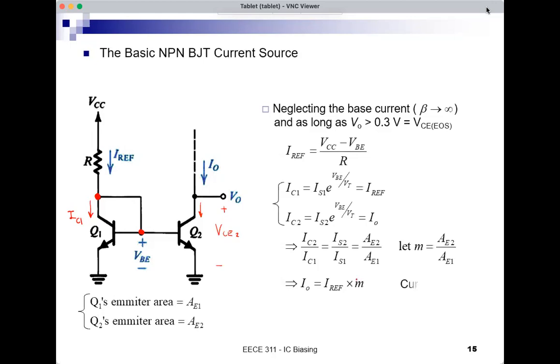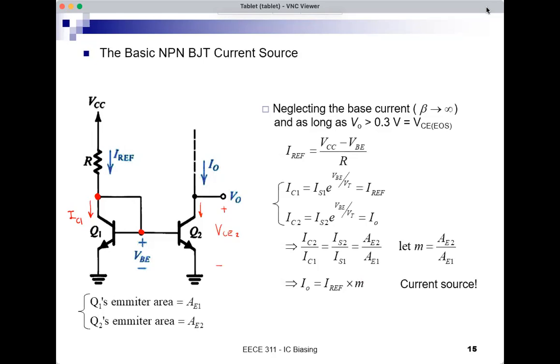So therefore, IO is a constant current, and this is a current source. So that's a similar derivation to the one we did for the MOSFETs, and we obtain in this case also an expression of the output current that looks like a constant quantity.